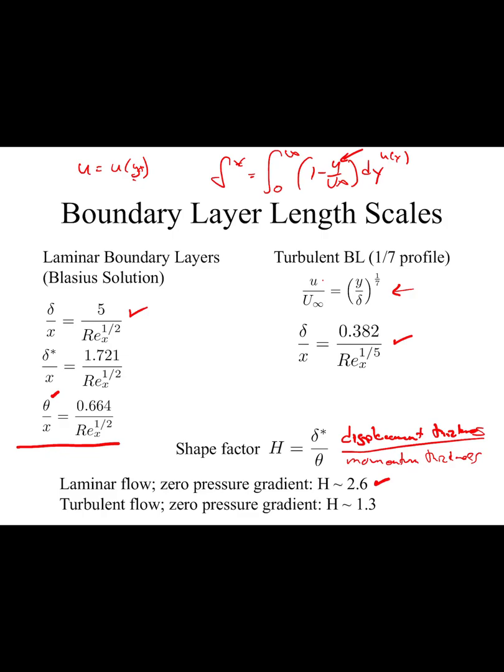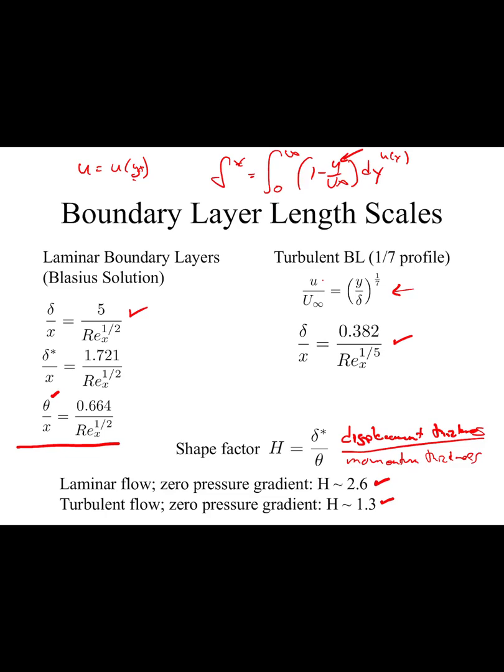And then for turbulent flows in a zero pressure gradient, we have a shape factor that's about 1.3. So the ratio of the loss of mass flux to loss of momentum flux in the boundary layer is very much dependent on the shape of the profile, which is exactly what we're saying. We're integrating that profile, and so that should make sense.